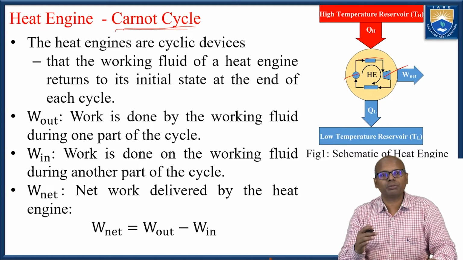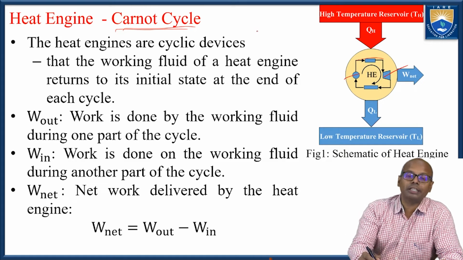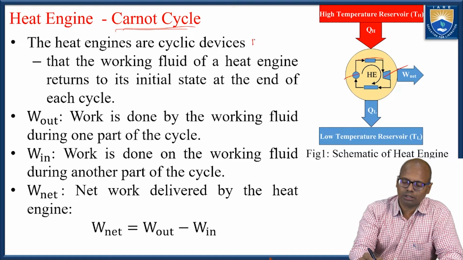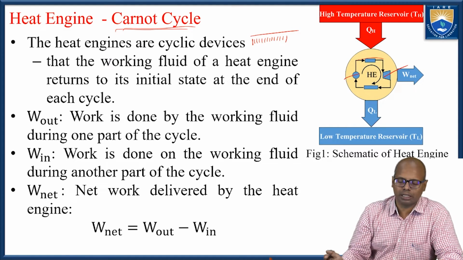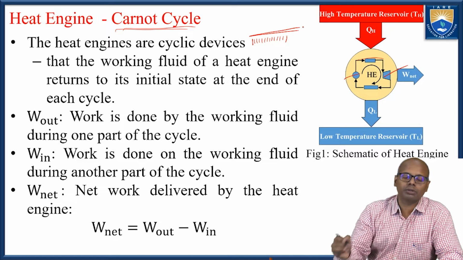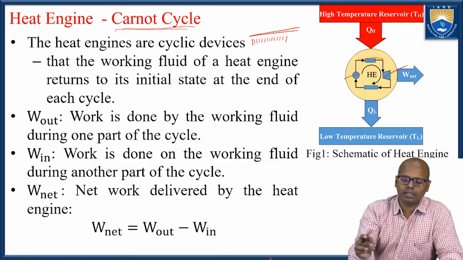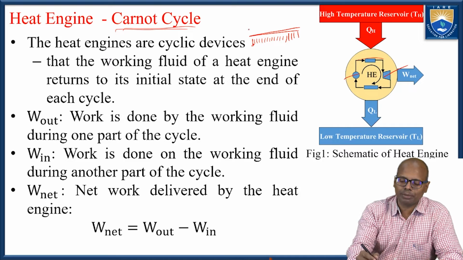So how does a reversible process happen? In infinitely small time intervals. Suppose 1, 2, 3, 4, 5, and so on, there are a number of time intervals during the entire duration of the process, and the process happens in small time intervals.